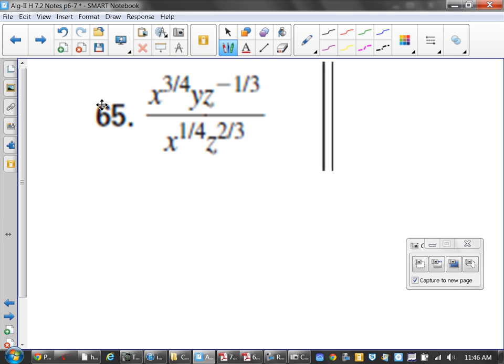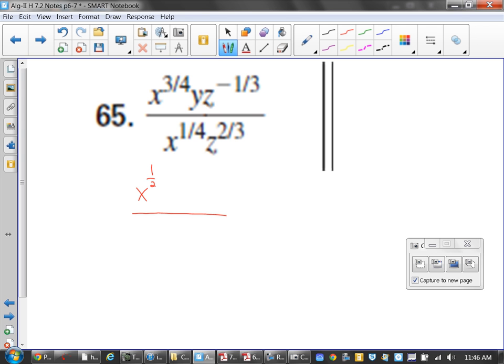When we have all these things here, go variable by variable. You have x to the 3/4 over x to the 1/4. X to the 2/4 up top. Everybody okay with that? What's x to the 2/4? 1/2.